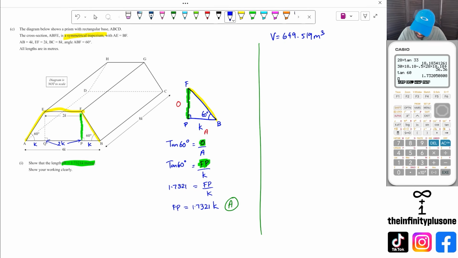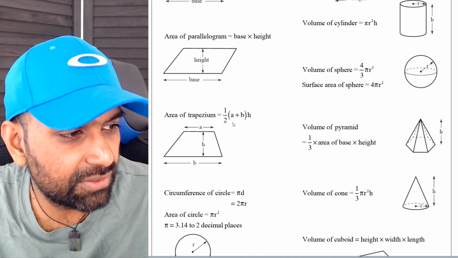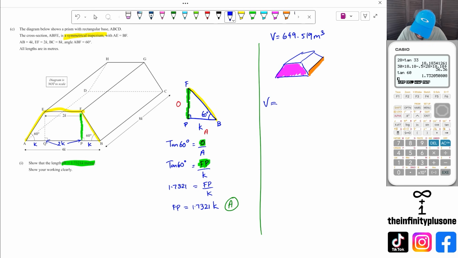So when we go back to our trapezium shape here, this pink part is the cross-sectional area, and then this is the length. So our equation is going to be the area of a trapezium, half times A plus B times H, multiplied by the length.